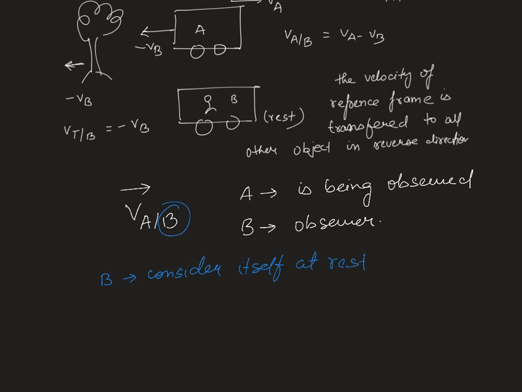And the absolute velocity of B, the absolute velocity means the ground velocity, the velocity as seen from the ground. The absolute velocity of B will pass to A in reverse direction.